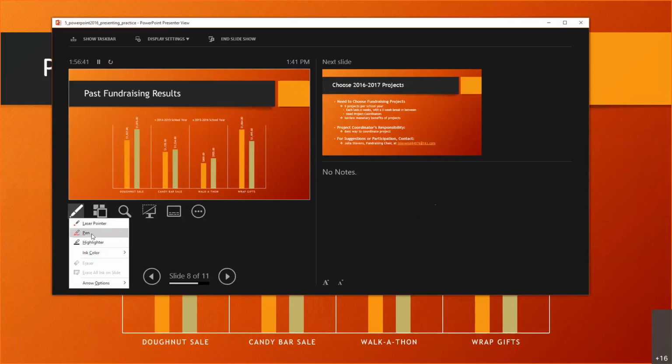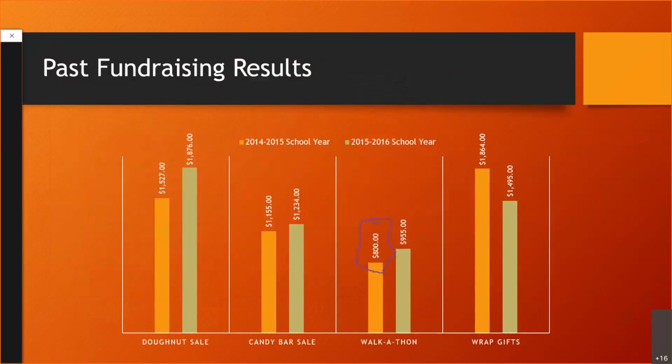So I'm going to come here and click on pen. And I think we have a problem here of this walkathon did not make a lot of money. So I'm going to highlight that with the pen that we changed to be purple. And there it is in the main presentation mode.